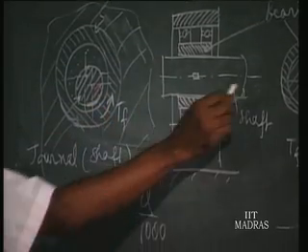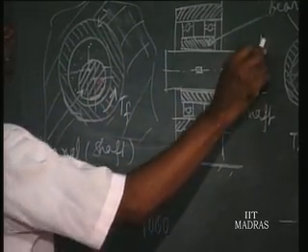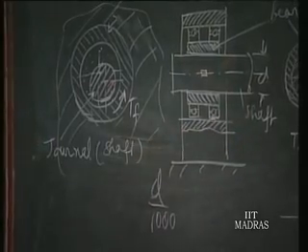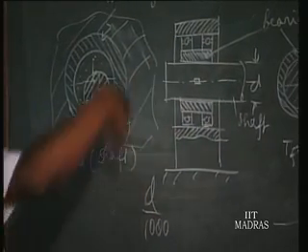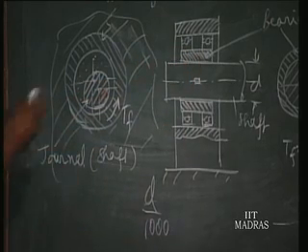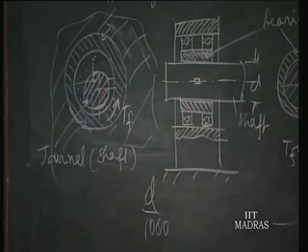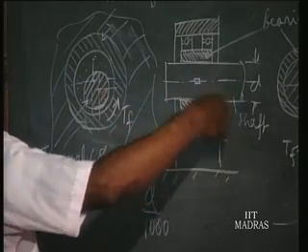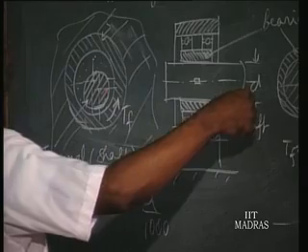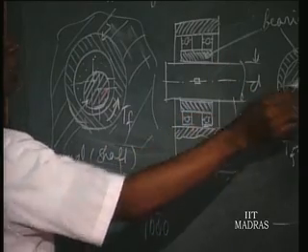If d is the diameter of the journal, then the clearance will be d by 1000. If it is a 10 mm shaft, 10 microns will be the clearance inside a bearing. Within it the oil is there, it will create the wedge formation, and hence the relative motion is allowed there.